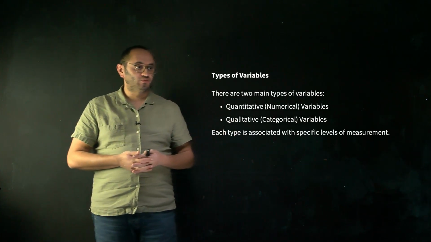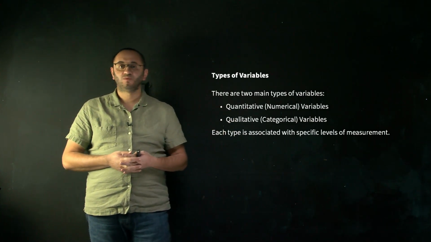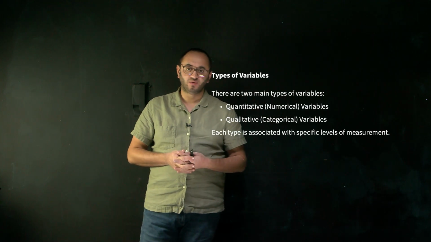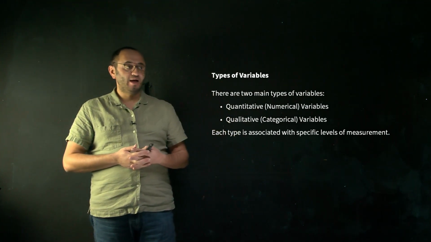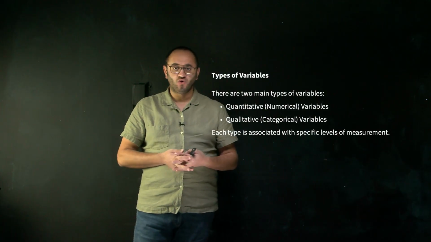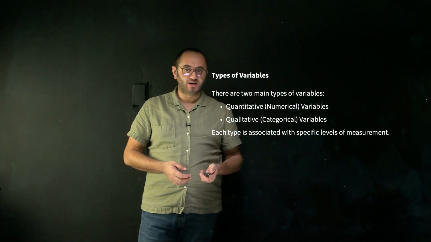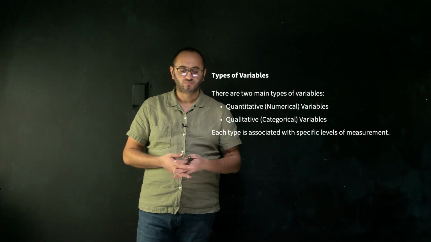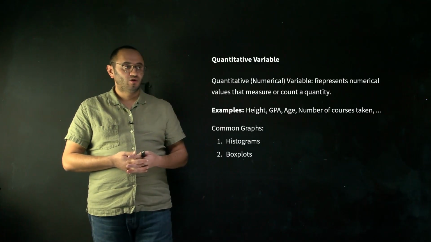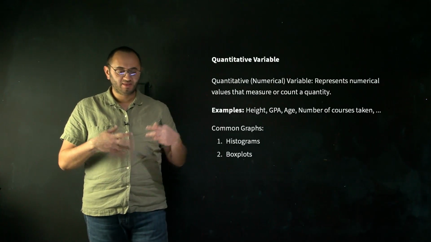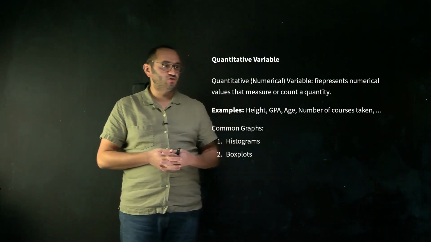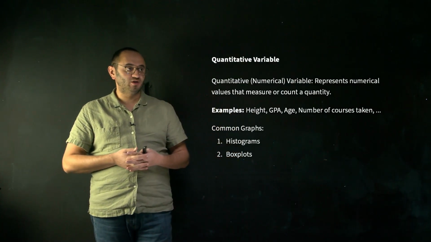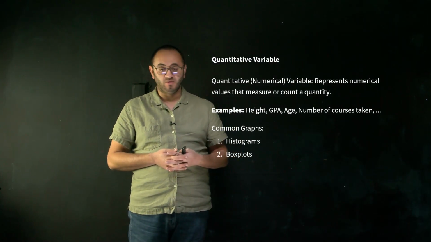All right, so as I mentioned, there are two types of variables: numerical or quantitative variables and categorical or qualitative variables. Quantitative variables or numerical variables represent numerical values that measure or count quantitatively.